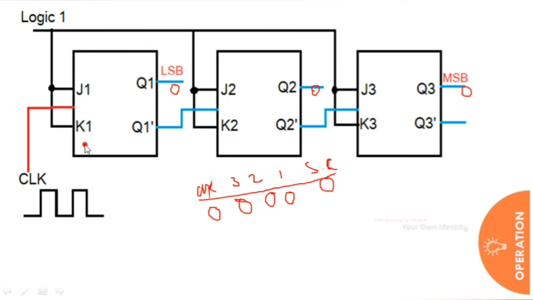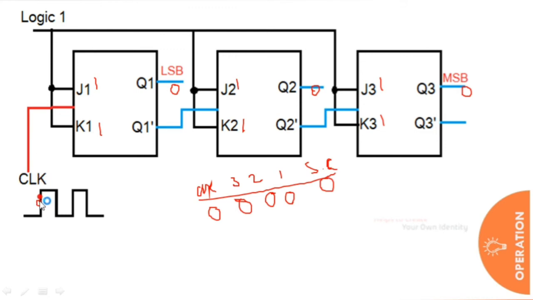Okay. Now logic 1 is applied to all the flip-flops as input. So 1, 1, again 1, 1, 1, 1. And clock is applied to the first flip-flop. This is the first flip-flop, second, third. Clock pulse is applied to the first flip-flop. So see here, J equal to 1, K equal to 1 and clock pulse is also applied.